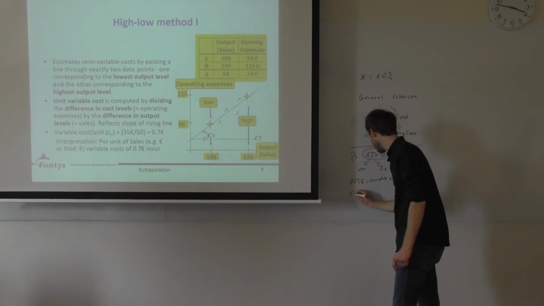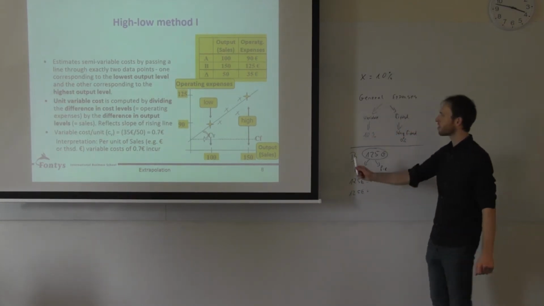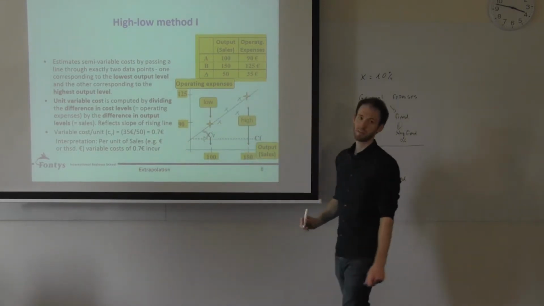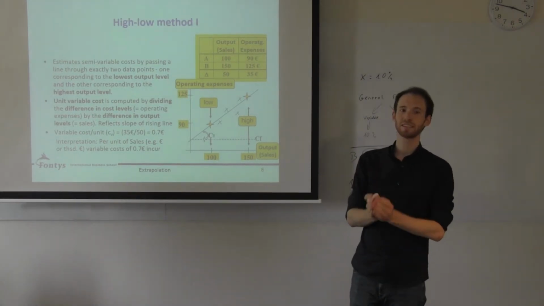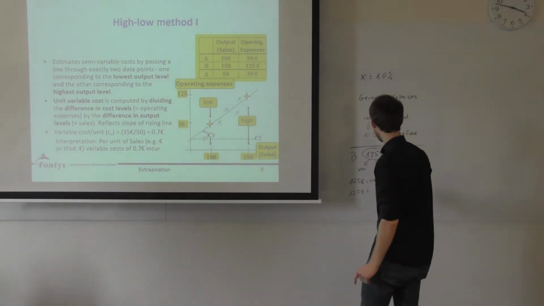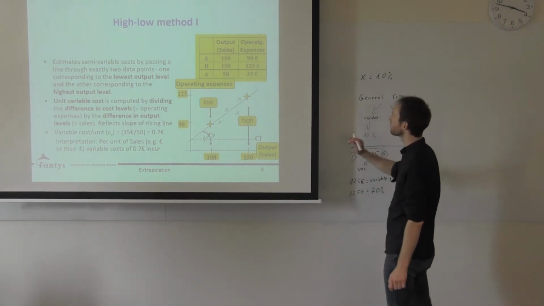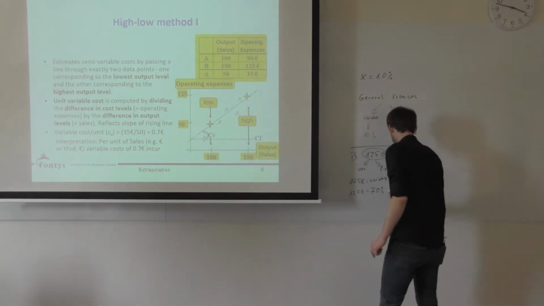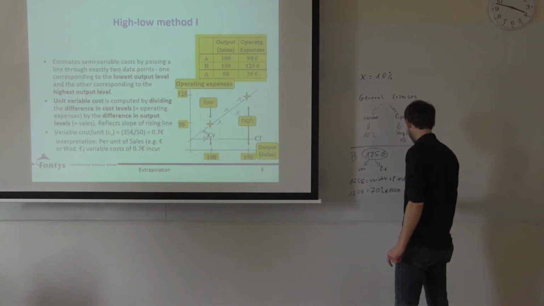So 125 euro equals variable cost, and we know variable costs are 70% of sales revenue, because if we have €1 in sales, we have 70 cents in variable cost. So it's simply 70% of the 150 euro, and then plus the fixed cost.